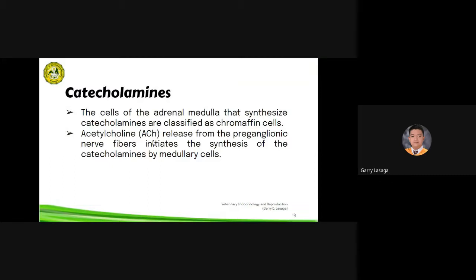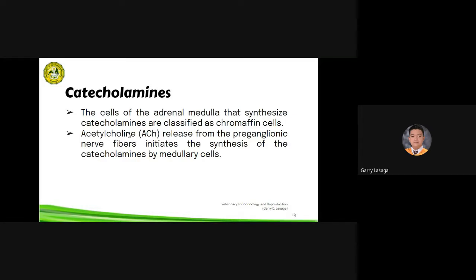Acetylcholine released from the preganglionic nerve fibers will initiate the synthesis of the catecholamines by the chromaffin cells. Acetylcholine is an important neurotransmitter that comes from the sympathetic nerve, particularly the preganglionic nerve or the splanchnic nerve.